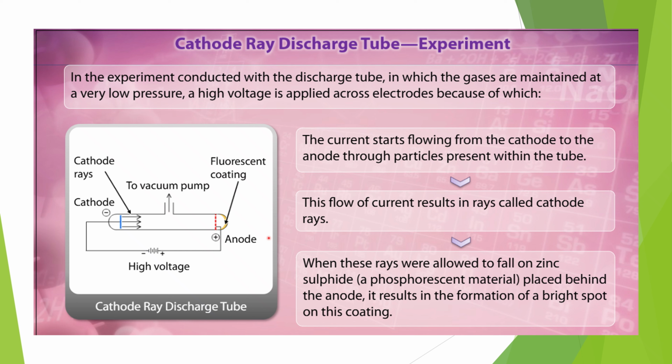And as a matter of fact, we cannot see cathode rays with our naked eyes. So how could we figure it out? We figured it out with the help of a zinc sulfide screen. It was placed at the end of the anode because zinc sulfide is a phosphorescent material which glows when it is struck by a light particle or any other charged particles.